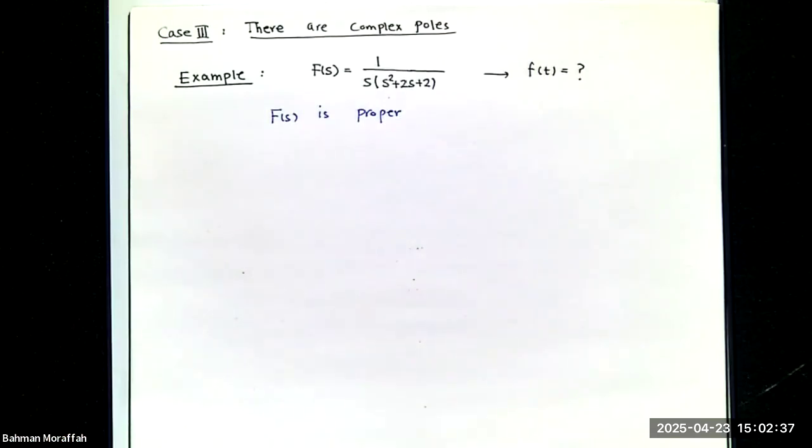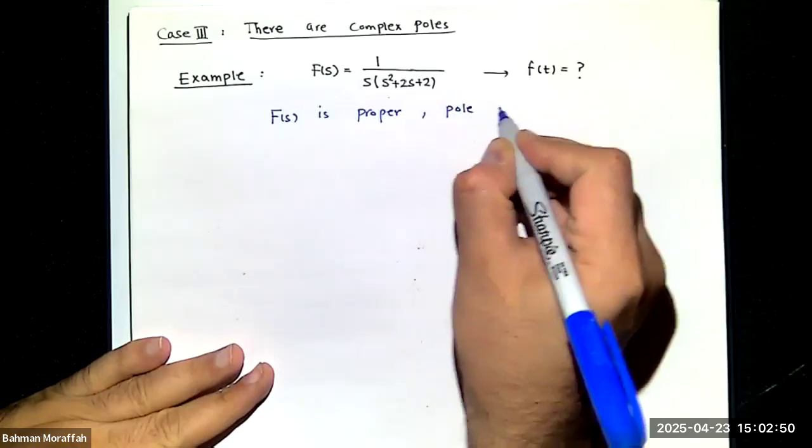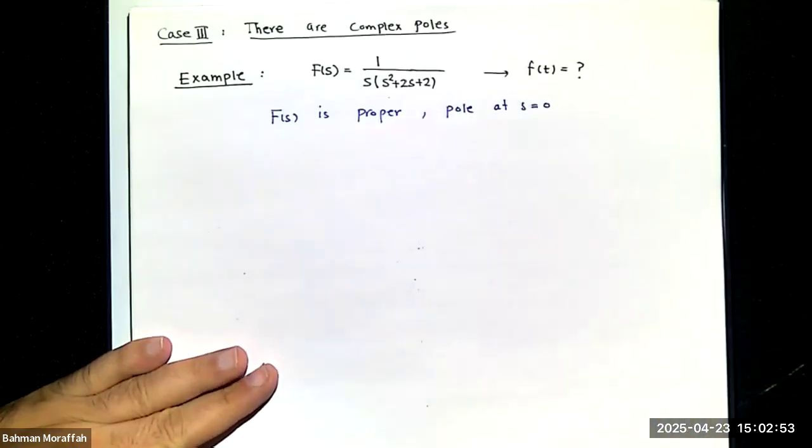Therefore, we're going to look at the poles of this function F(s). What are the poles? Well, the poles are the roots of the denominator. Therefore, I have a pole at s equal 0.